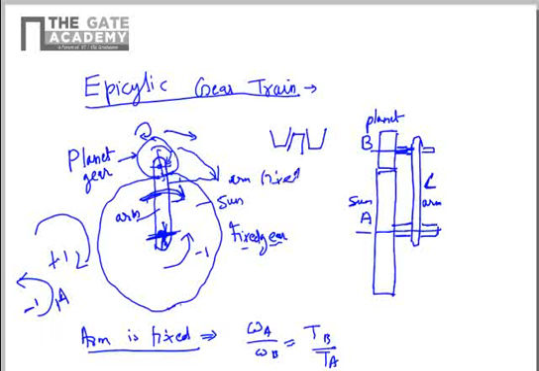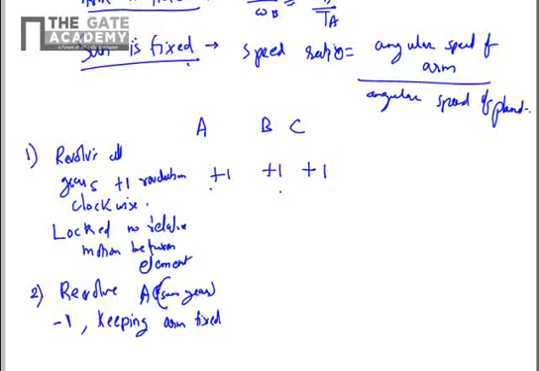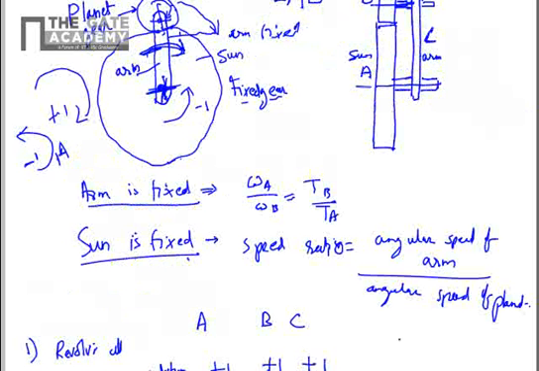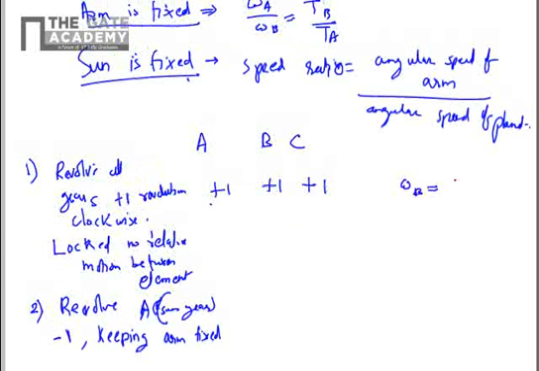So the number of rotations of the planet gear, that is omega B, is equal to omega A into TA by TB, and since omega A is one revolution, it is 1 times TA by TB. So B will rotate by plus TA by TB.